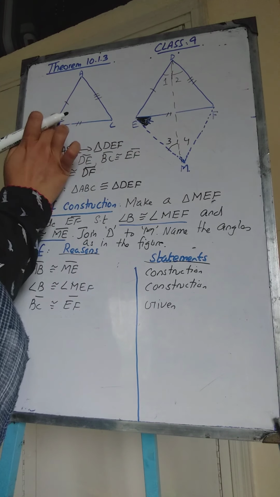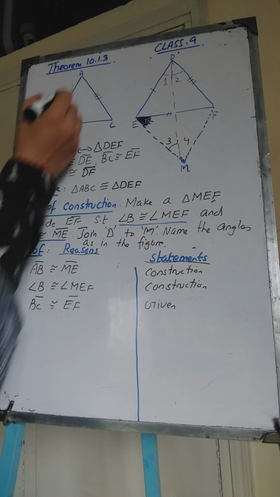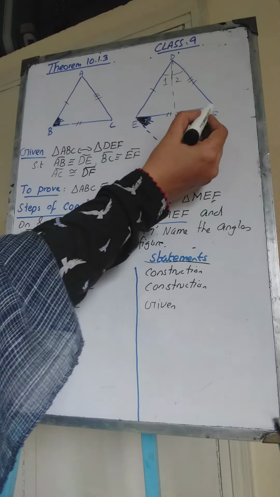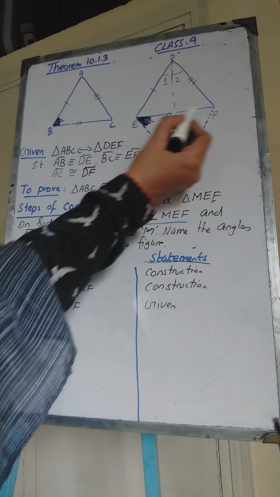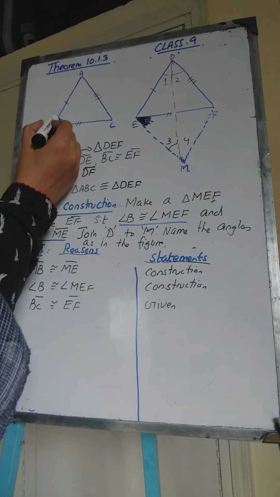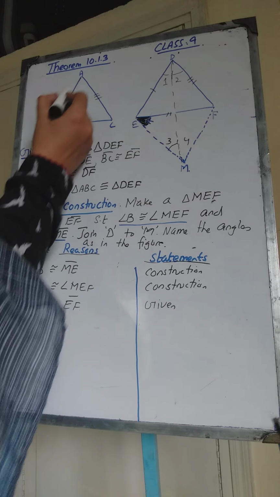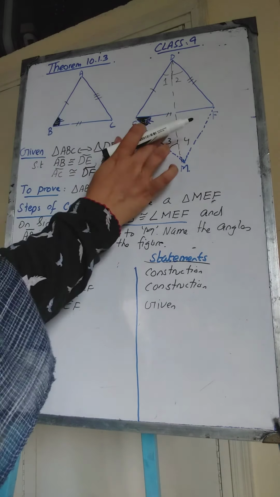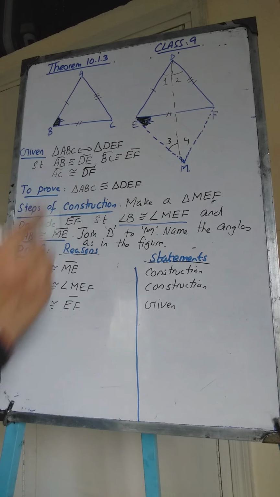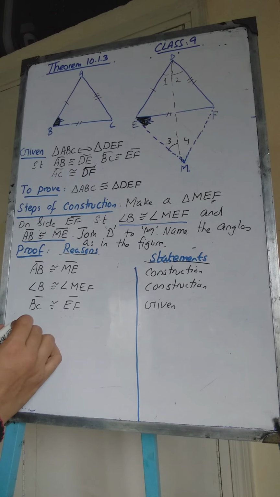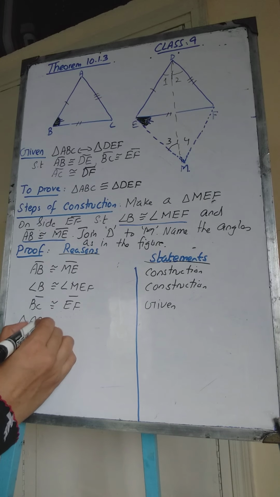Also the angle in between them is congruent. These two sides are congruent to these two sides, and their included angle, angle E, is congruent to angle B. So it means that both the triangles are congruent by SAS postulate that we did earlier.